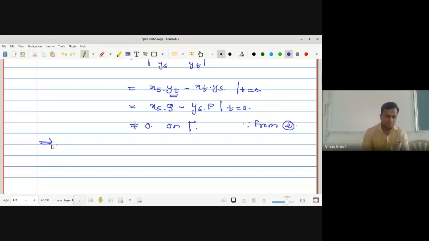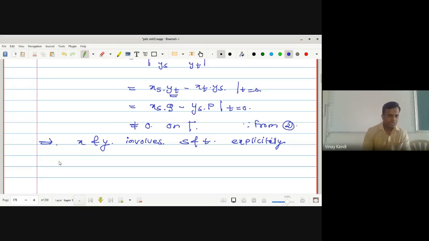That implies x and y involve s and t explicitly. Okay, what is the meaning of this one? In x and y, s and t are present.